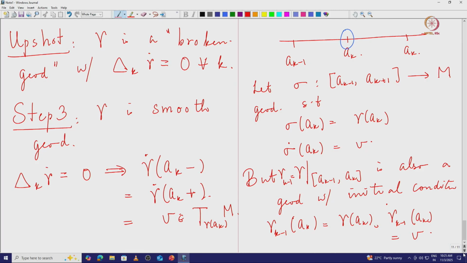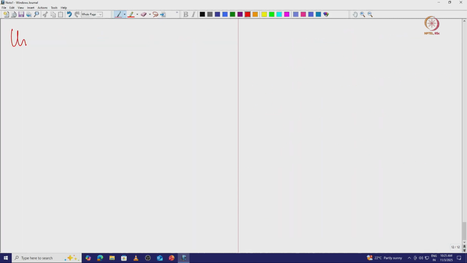But then by uniqueness, this implies that sigma restricted to a_{k-1} to a_k is the same as gamma restricted to a_{k-1} to a_k.